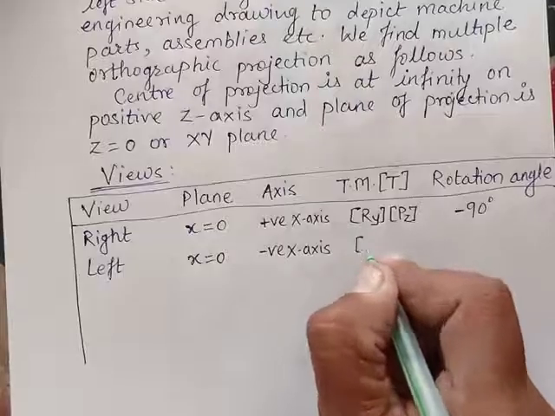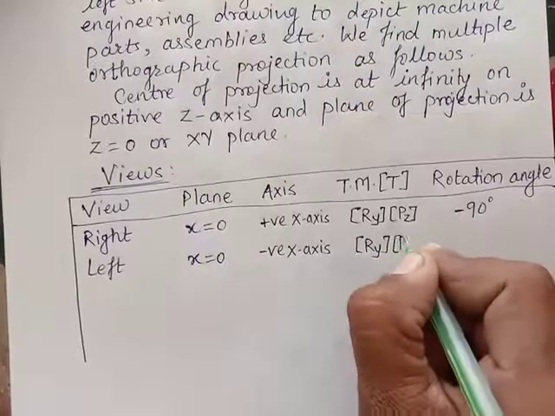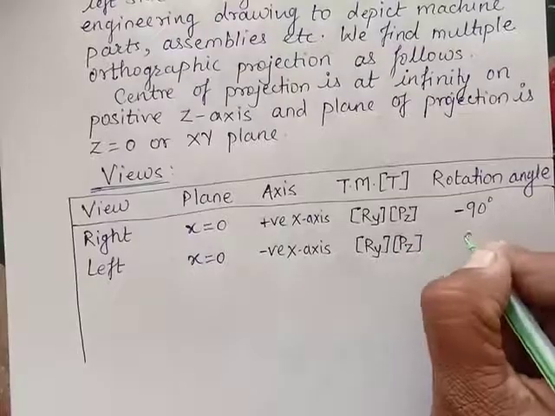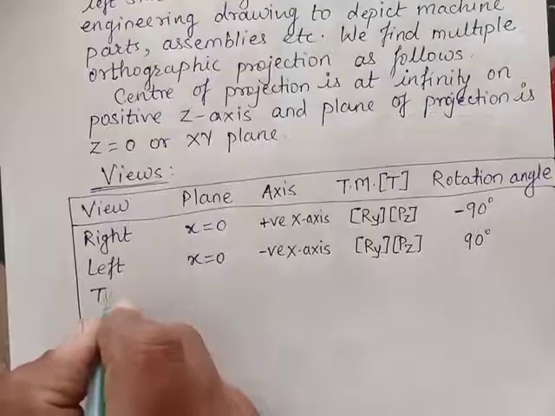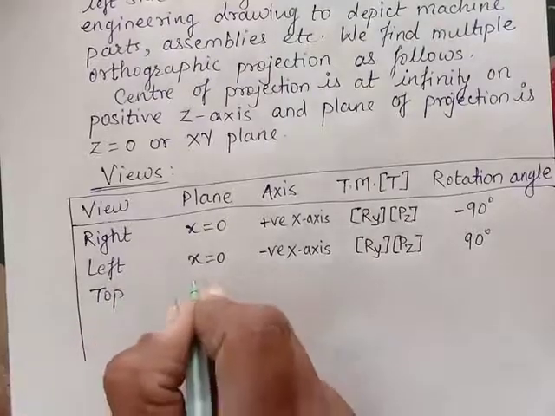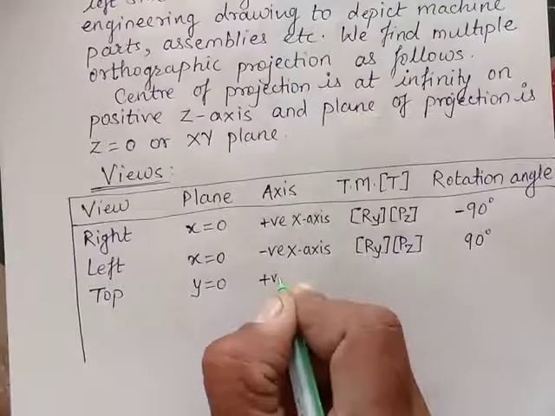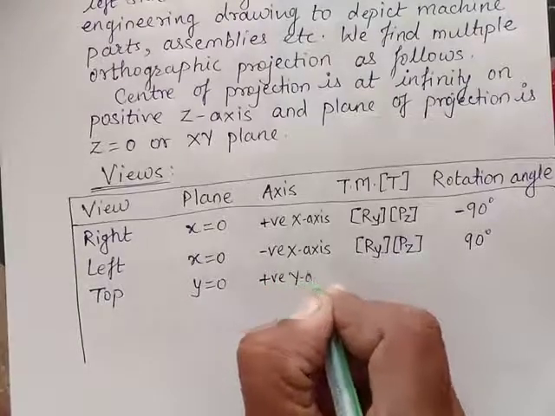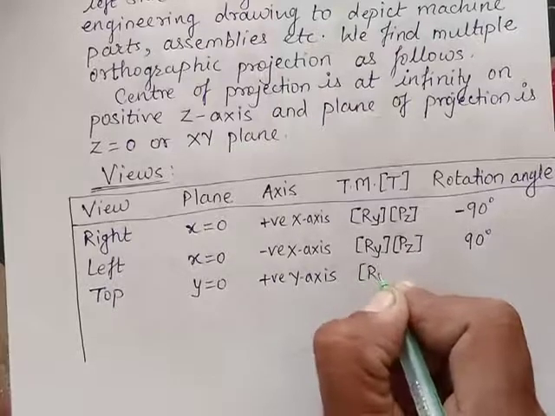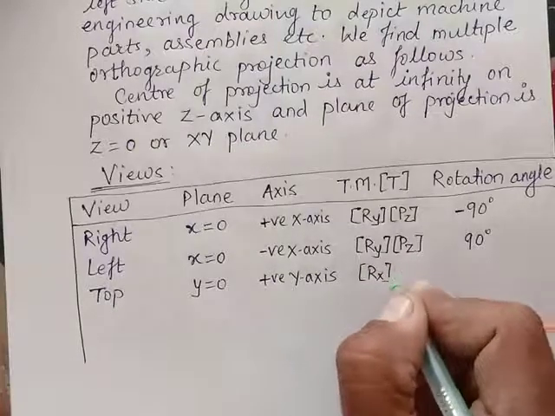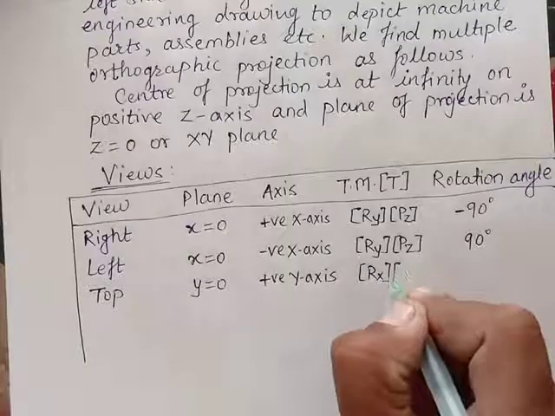The matrix is again rotation through y and Pz, and the angle of rotation is 90 degrees. Top view: y equal to 0, the positive y-axis, then rotation through the x-axis into Pz.